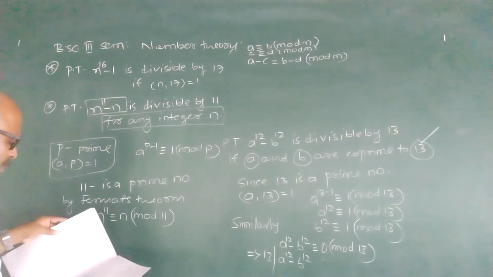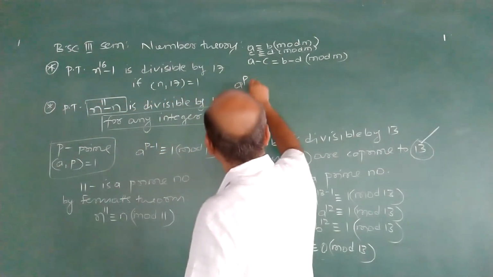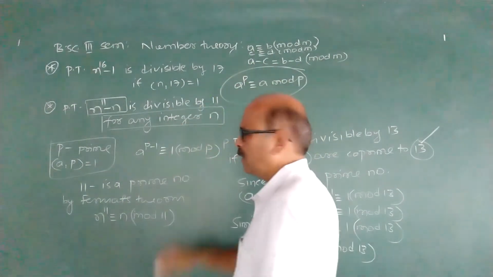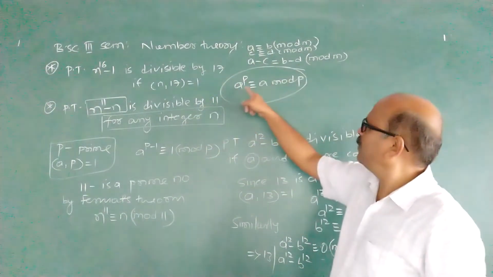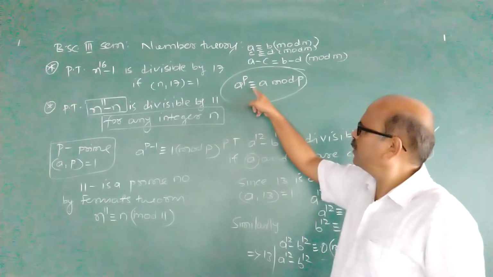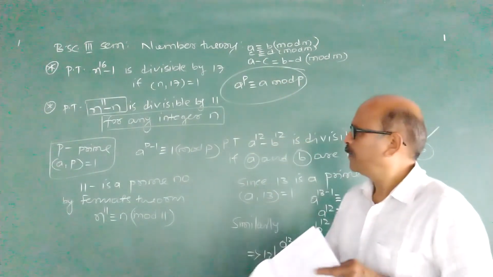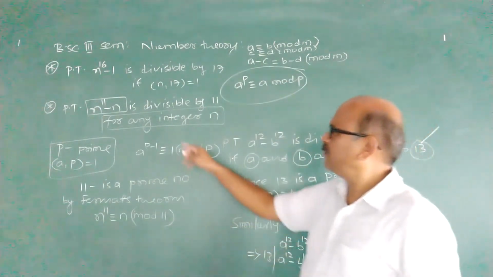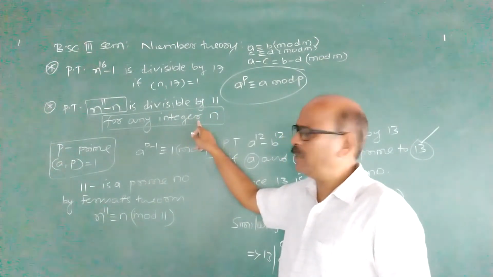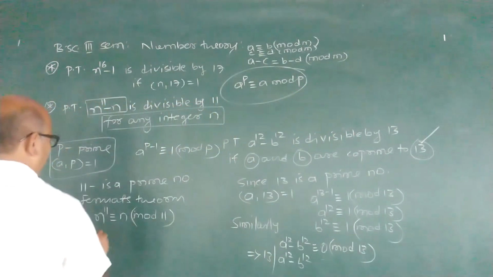What does Fermat's theorem state? See, in the intermediate step, we have obtained this one: A raised to P is congruent to A mod P. Further, using that A and P are relatively prime, we obtained A raised to P minus 1 is congruent to 1 mod P. Since it is not given here that n and 11 are relatively prime, we use this step: n raised to 11 is congruent to n mod 11.